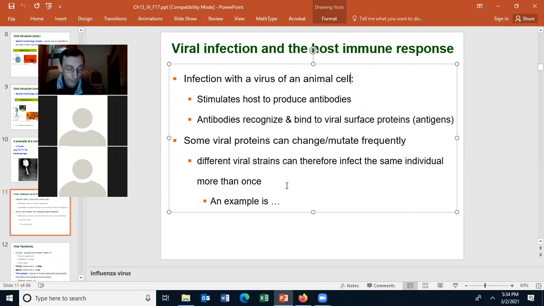And how often we'll need to get it is not well known. And why we know this is because obviously we don't know about COVID-19 yet, but in the coronavirus family of viruses, there are many of them which cause colds in humans, and they're related to COVID-19. And we can get those viruses several times in our lifetime, the same virus, because it changes. Any question about any of that?